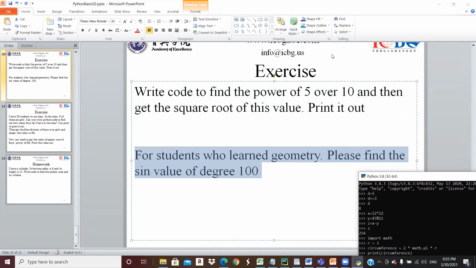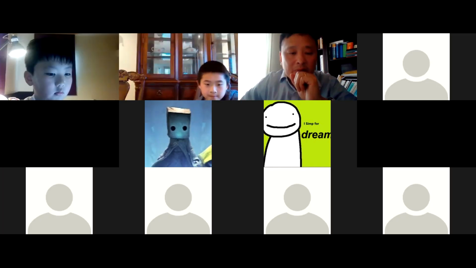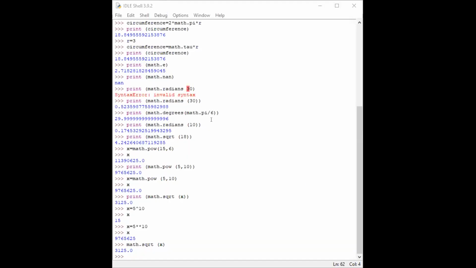I can't seem to do the square root thing. Okay, can you share yours with me? Let me see what problem you have. Yeah, okay, you have the square root there at the bottom, right? The only thing is you probably do not want to have the space between the square root and the parentheses.